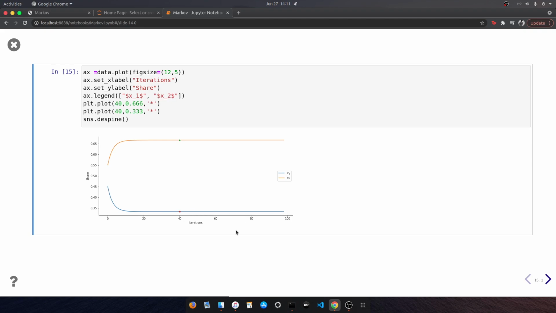This is similar to the result provided in the book. The share for channel 2 after 40 years onwards is around 66%, and around 33% for channel 1.